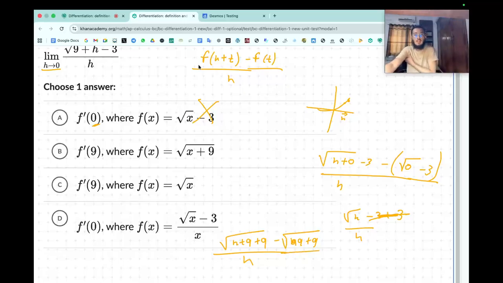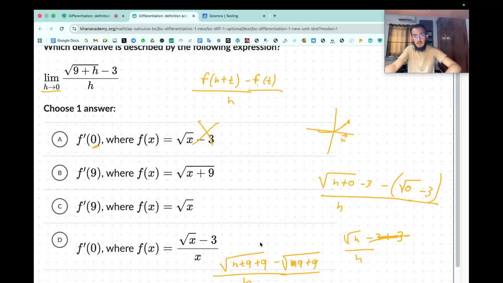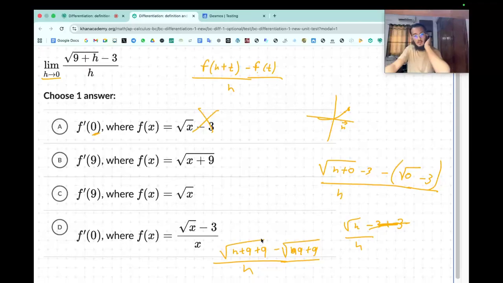So we plugged in h plus t, h plus 9 here, and then minus f of t, so basically f9 here. Again, this doesn't help because we need to get rid of this 9. If we can get rid of this 9, then it would match exactly here. Root 9 would become 3. So if we get rid of this 9, we're left with this option, and that's it. C is our answer.